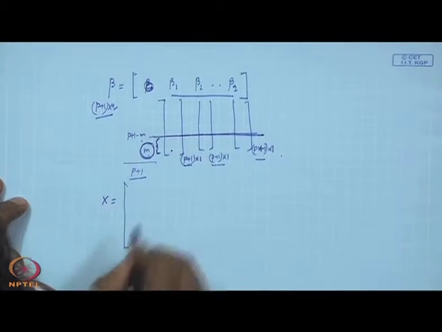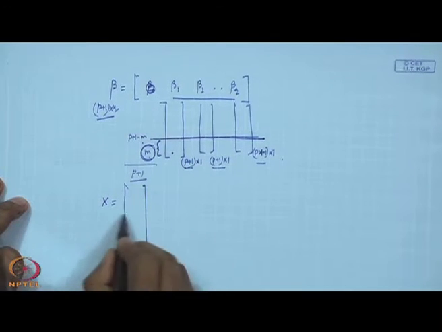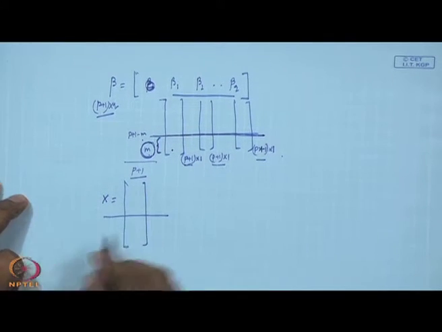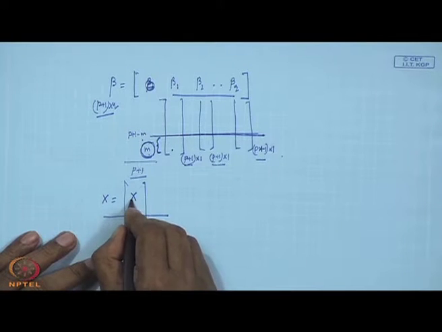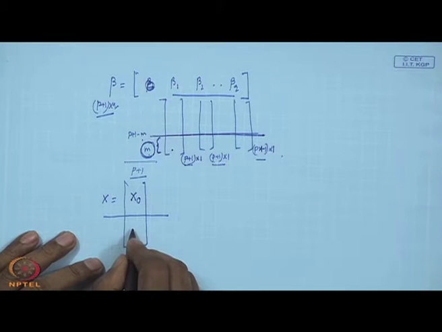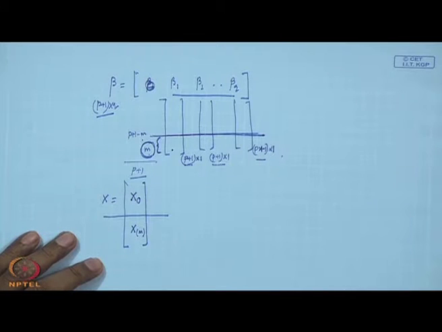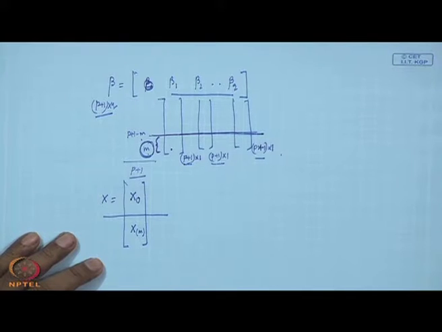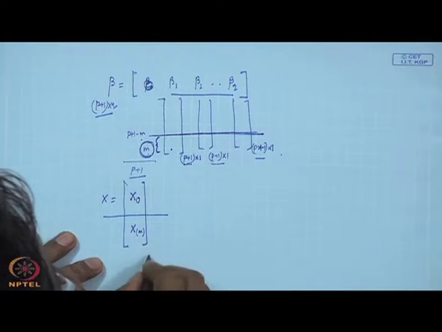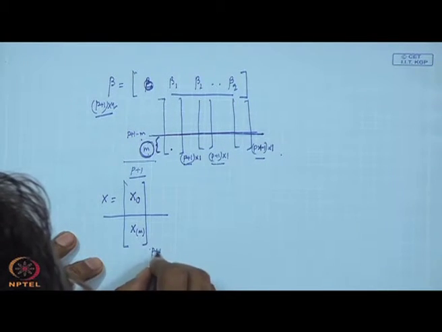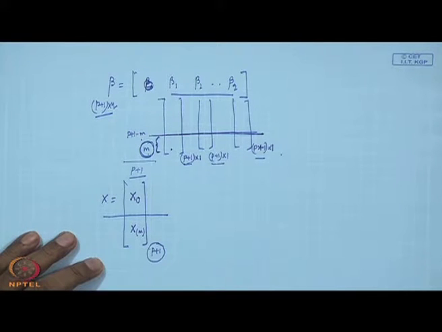If this is the case, what I am trying to say is that I am creating two sets. This one is your x 0, and this one we are writing like x within bracket m. Getting me? So, that means I have total p plus 1, including the constant.